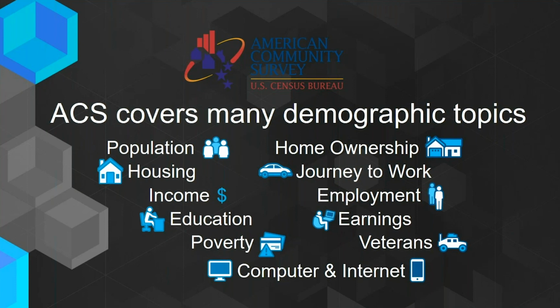There's tons of information about journey to work, such as commute times, commute modes, all kinds of different income variables, education level, employment status, whether or not you're looking for work or not in the labor force, poverty by age, we've got stuff on veterans, and most recently, they've added computer ownership and internet connectivity. So there's a whole treasure trove of information here that the ACS covers.